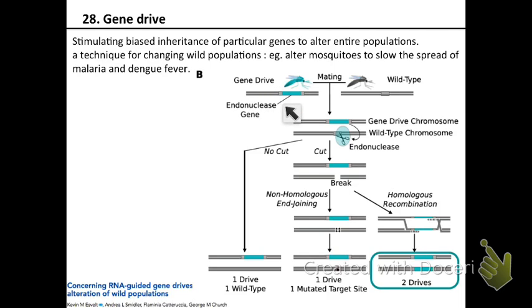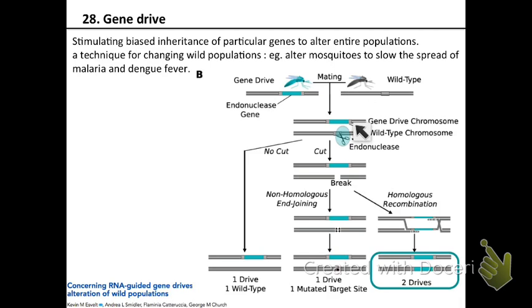So what you can do is you can actually put a gene that is going to be able to make a cut, right? So this would be the endonuclease gene that is going to cut a certain site in the genome. So what you can do is you can create a mosquito that contains this gene. You can mate it to the wild type.